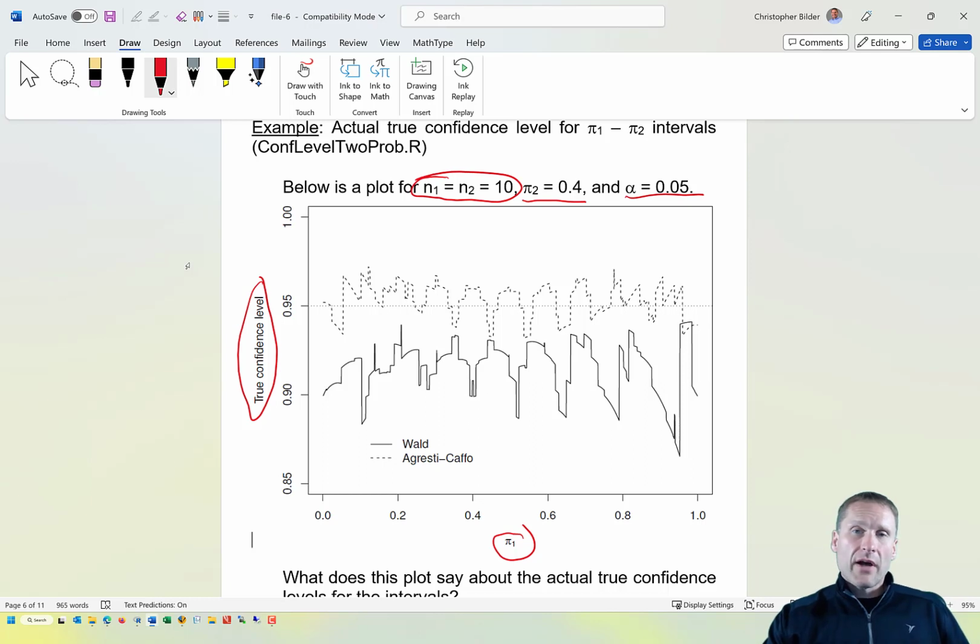And so what this plot represents is very similar to what we saw before when we were just doing a confidence interval for pi. This gives me my true confidence levels as a function of, in this particular case, pi sub 1. So if we take a look at one particular example here, let's say pi1 is equal to 0.4.